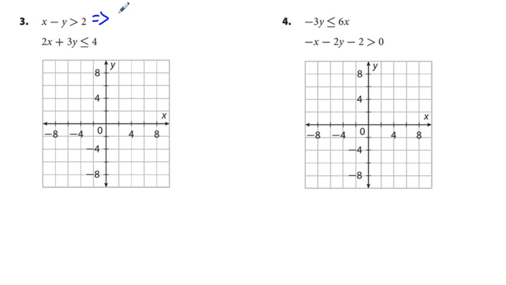So I'm going to rewrite x minus y is greater than 2, and then if we solve for y on the left side, we subtract x. So we have negative y is greater than 2 minus x, and now if we divide this whole equation by -1, we're going to have y.